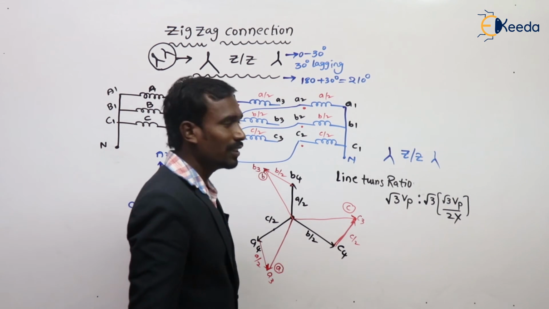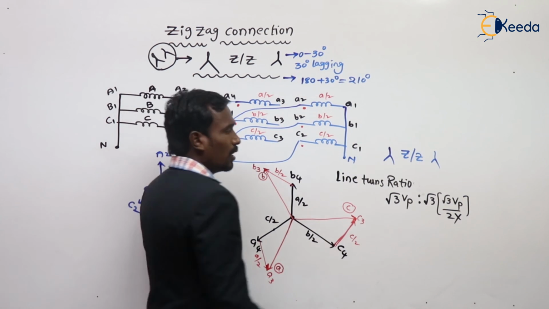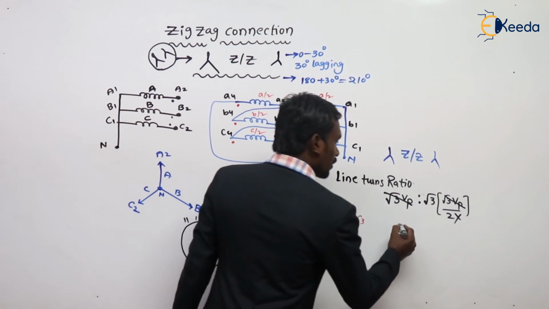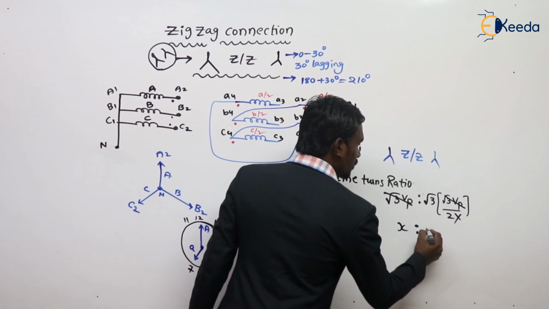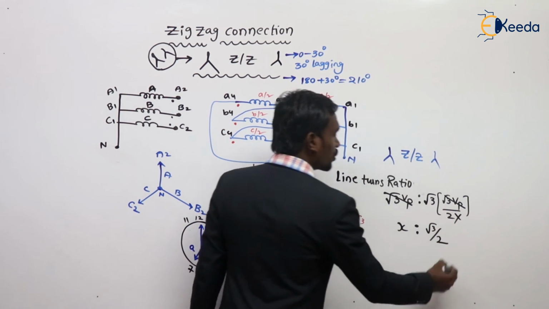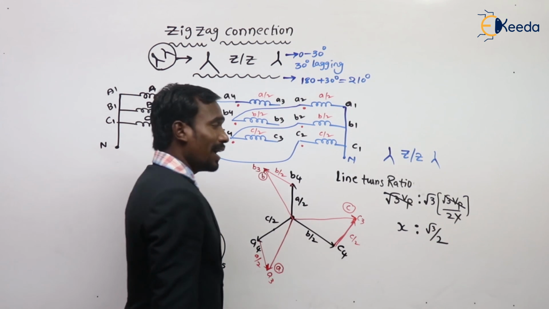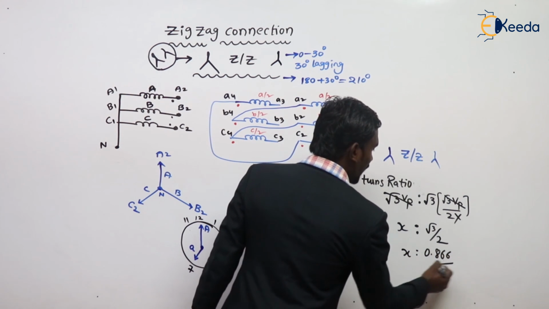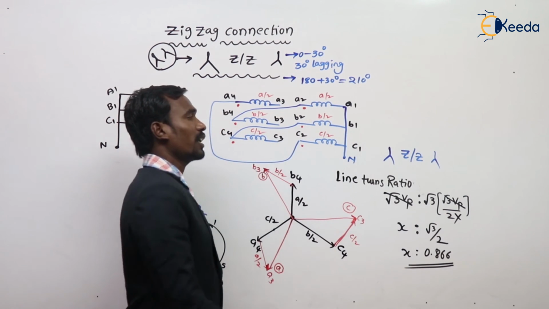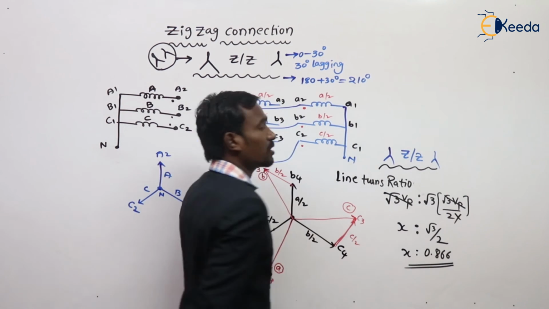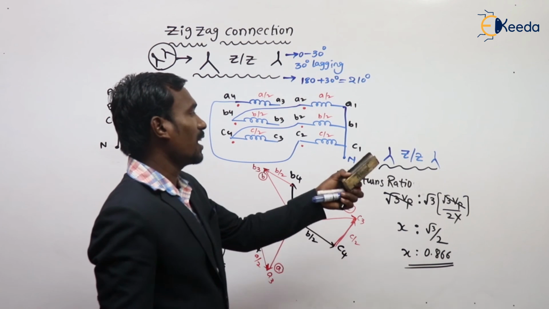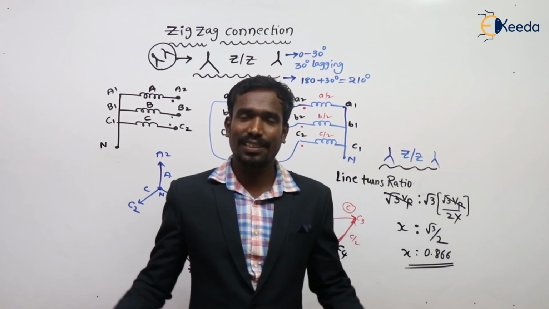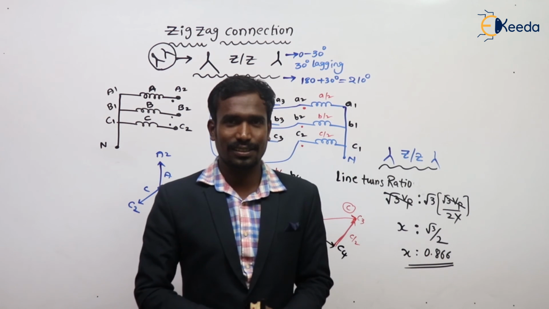Now tell me what is the answer? Root 3 into V phase cancelled. So the line turns ratio is x is to root 3 by 2, nothing but x is to 0.866, is the line turns ratio for star zigzag star connection. This is for zigzag connections.